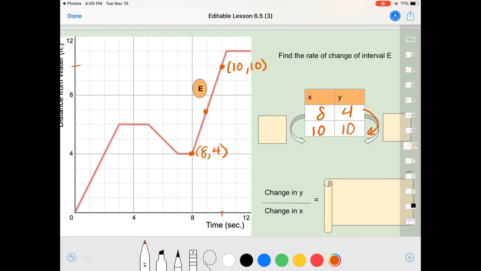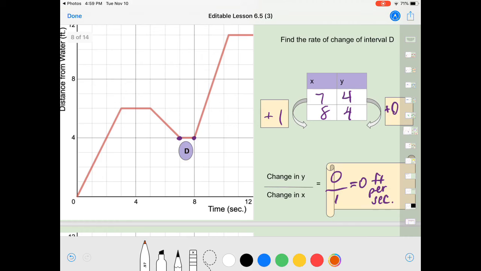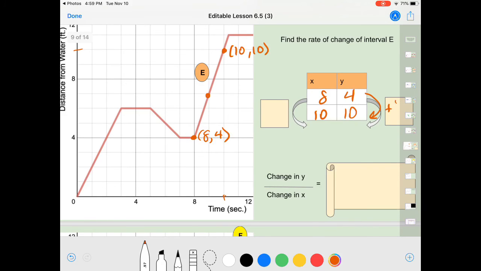To get from 4 to 10, we have to add 6. So that's our change in y. To get from 8 to 10, we have to add 2. That's our change in x. 6 divided by 2 is 3. So our rate of change in interval E is 3 feet per second.